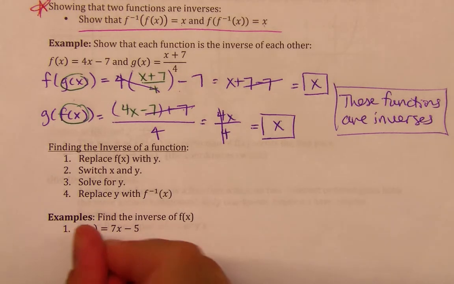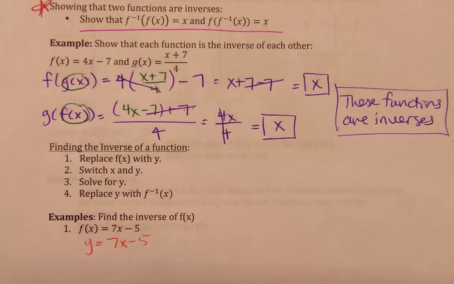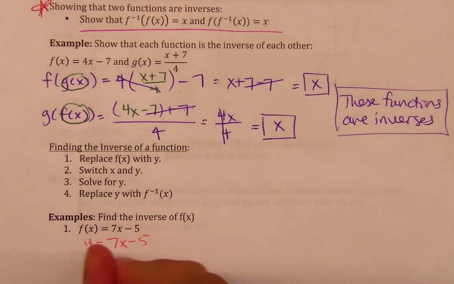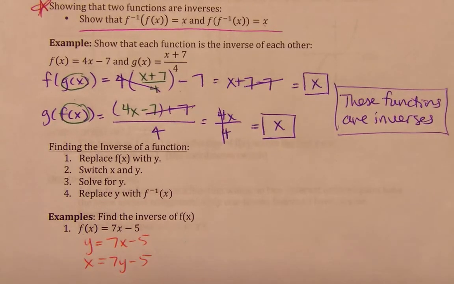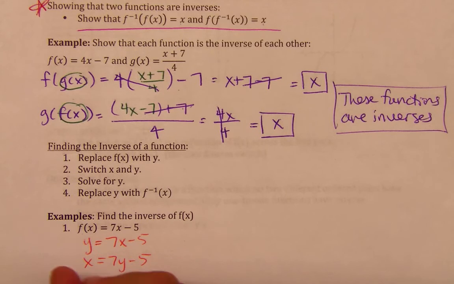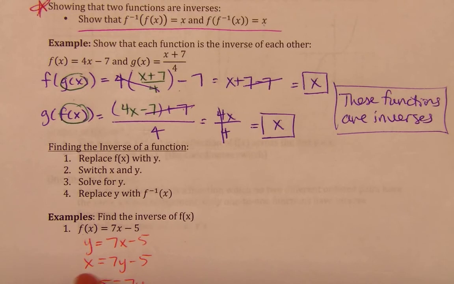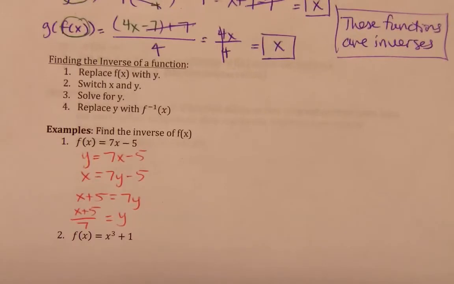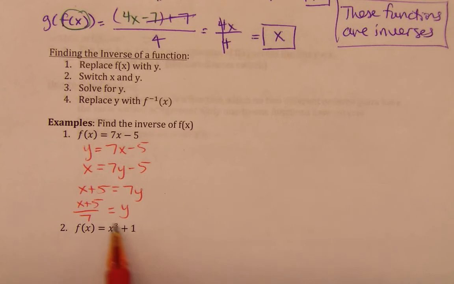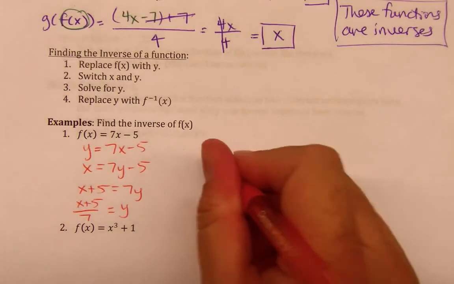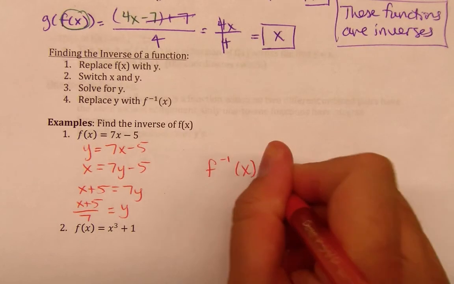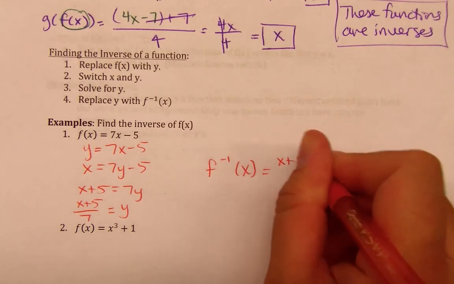So first, replacing that with y, switching x and y, and solving for y. So adding 5, dividing by 7, and now we have our inverse. The only thing left is to write it back into function notation. So inverse f of x is equal to x plus 5 over 7.